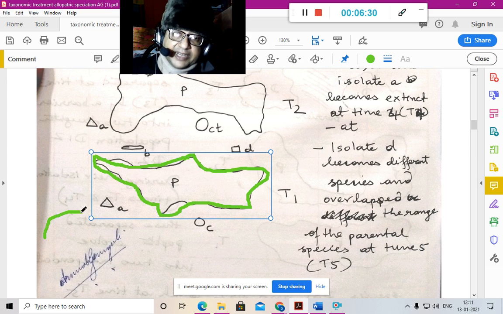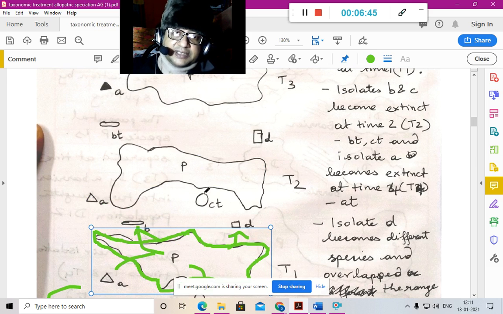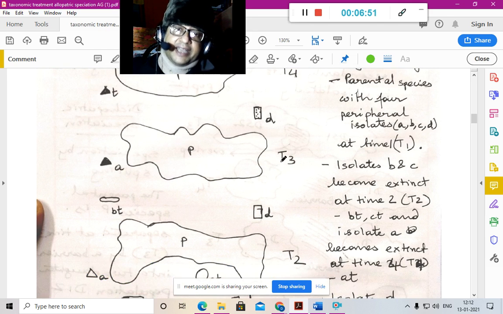Another is pinched out as C, another as B, and another as D. Now time passes. C becomes extinct. B also becomes extinct. A and D are still there. Again time passes.